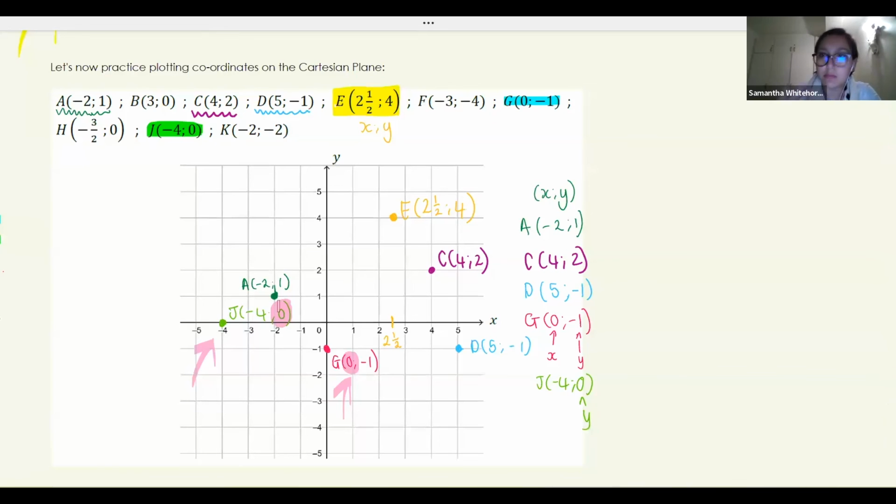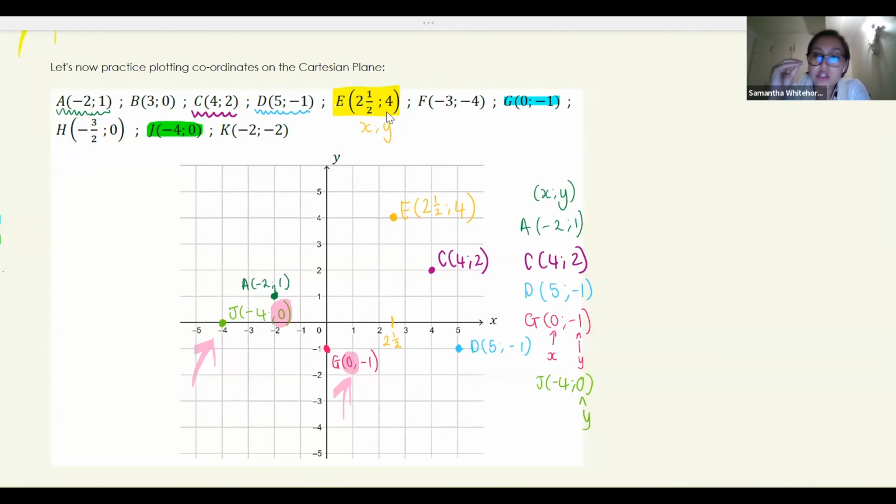Now that's not super important to know right now. It's just quite a cool relationship that exists with our inputs and outputs. And it is going to become quite important, this idea of where x is 0 and where y is 0, when you start really getting into graphs in grade 9 and then 10, 11, 12. So it's just a cool pattern, a cool relationship to start to see.